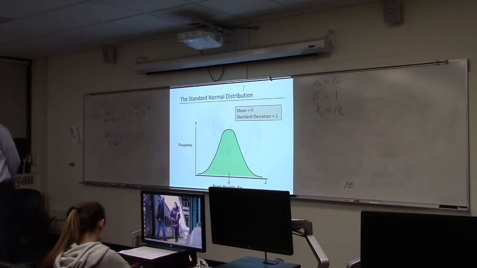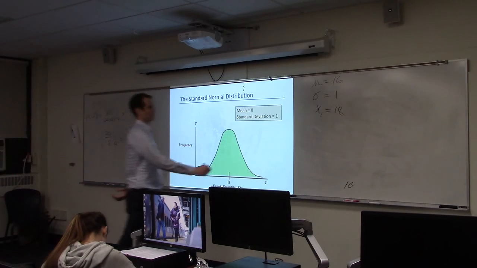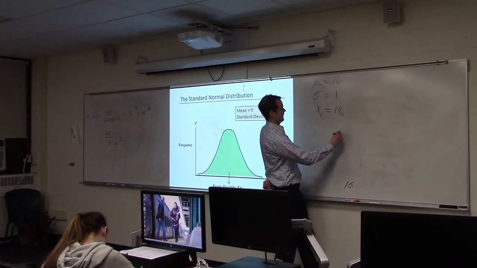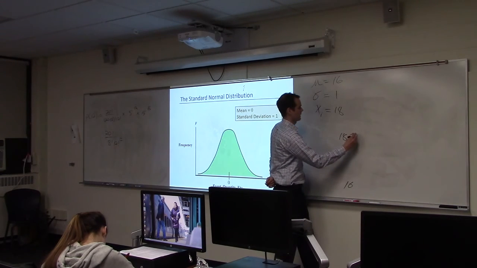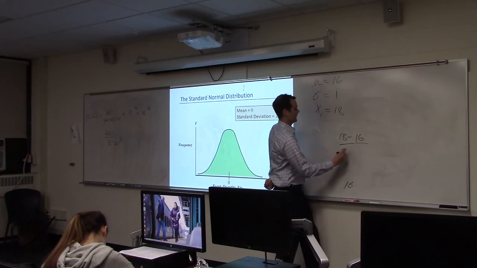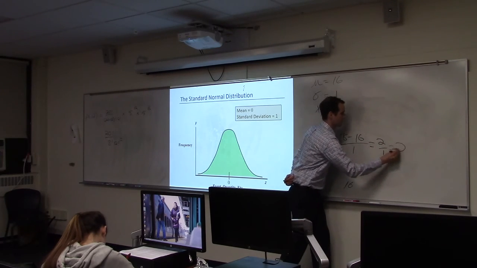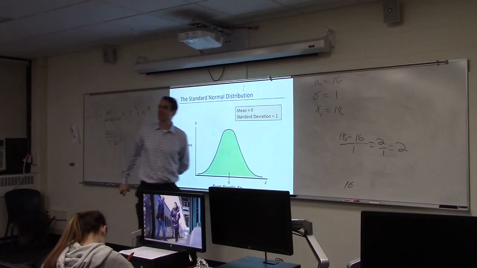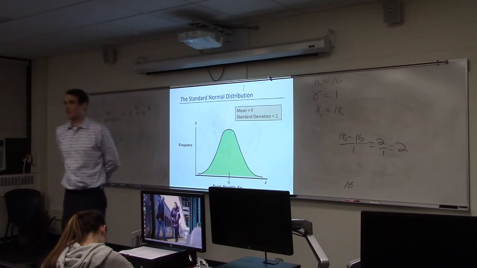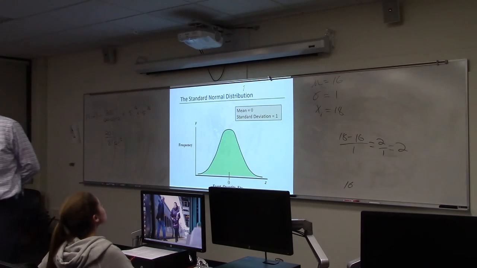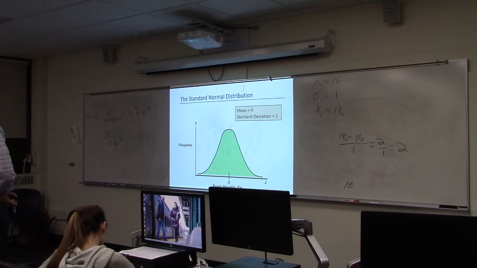That make sense, everyone? So we would take 18 minus 16 divided by 1 equals 2. That's how many standard deviations that tree is above the mean. I would assign that tree a z-score of 2.